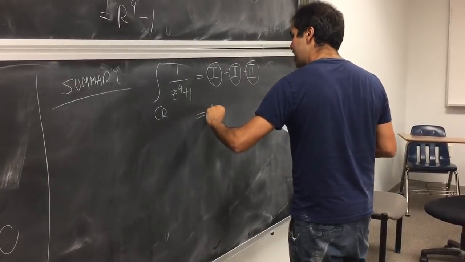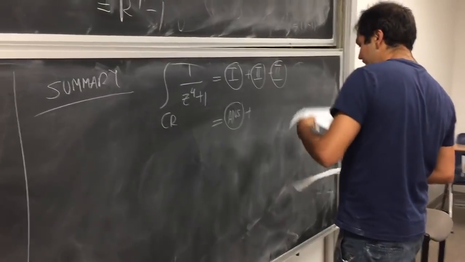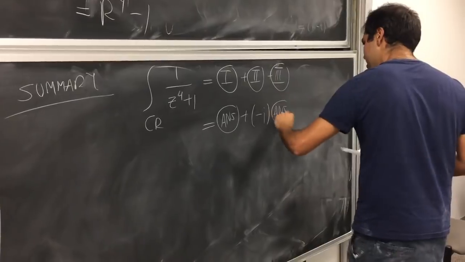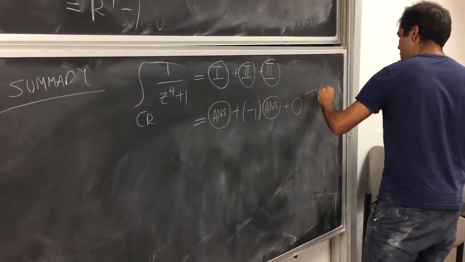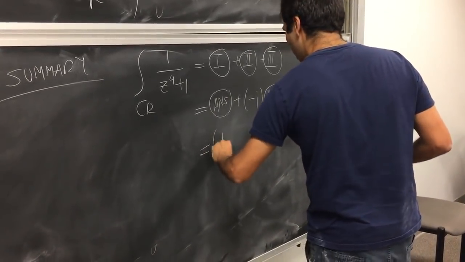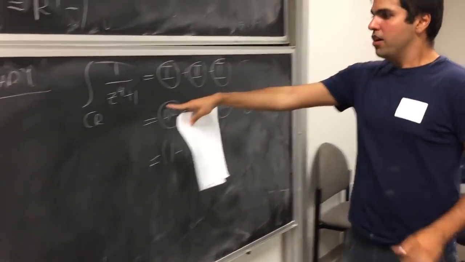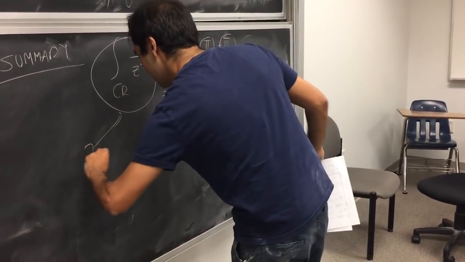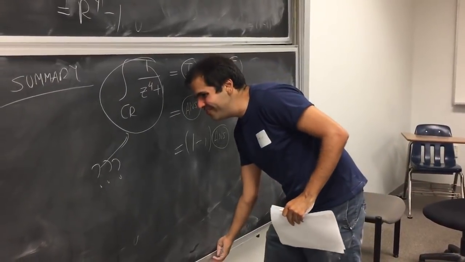Well, that equals our answer plus minus i times the answer plus 0 as r goes to infinity. And so that's equal to 1 minus i times our answer. But of course, the next step is actually to figure out what this junk is. You might be confused, so that's what you might be feeling now.